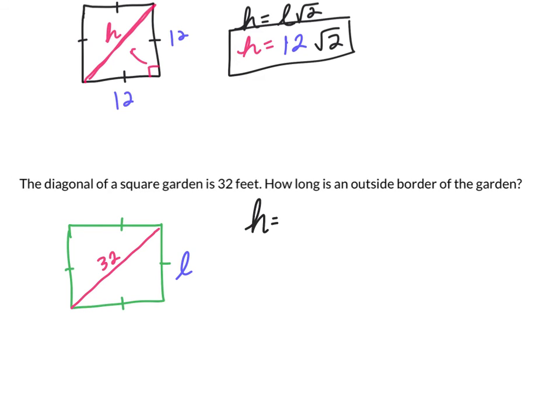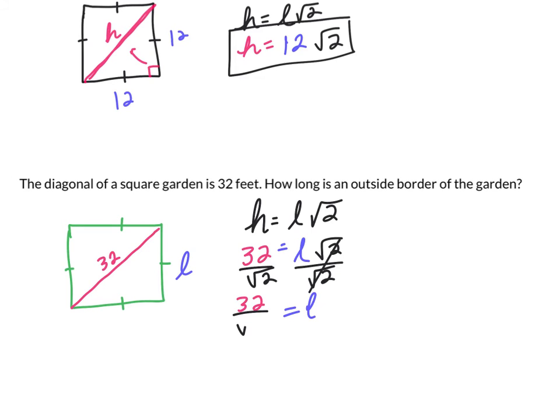So hypotenuse equals leg square root of 2. Okay, we have 32 being our hypotenuse length, equaling our missing leg value, square root of 2. Now we need to simplify, get that L by itself, so we divide by square root of 2 on both sides. We have leg equals 32 over square root of 2.